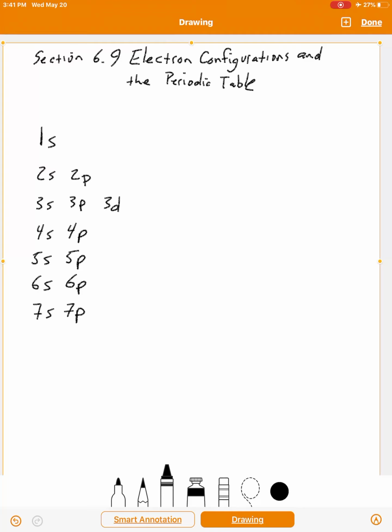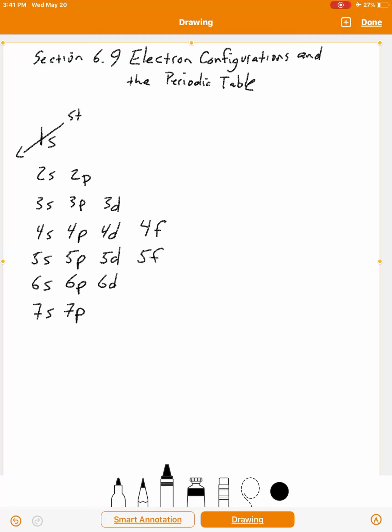The notation that we're using for these orbitals, and these subshells really, is based on the idea of the quantum numbers, right? The first 3 quantum numbers, n, l, and m sub l. And so we have these types of subshells.